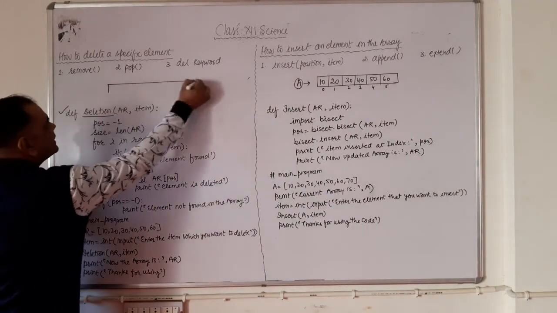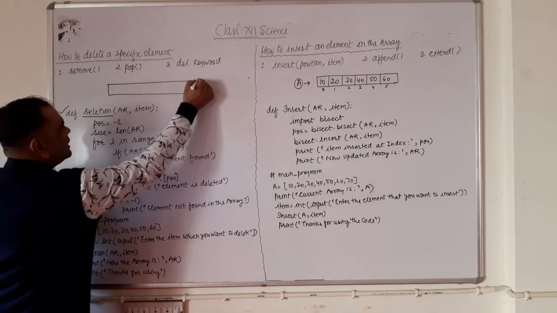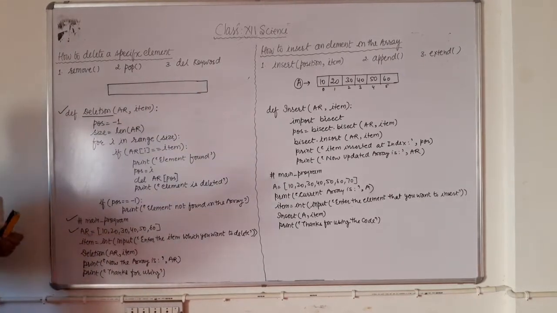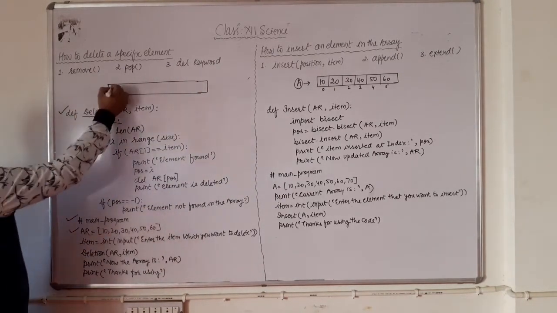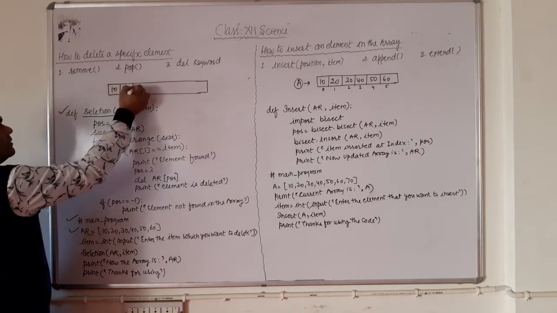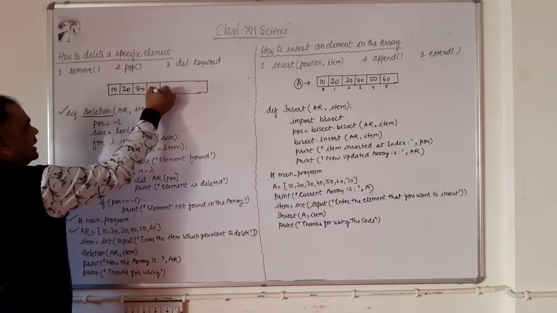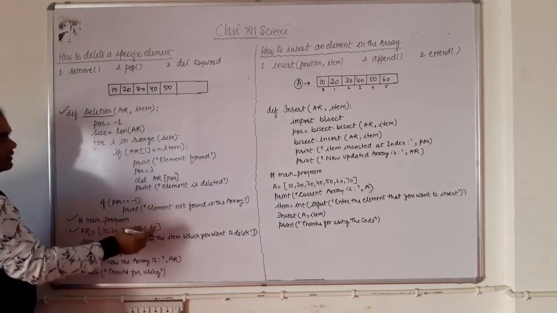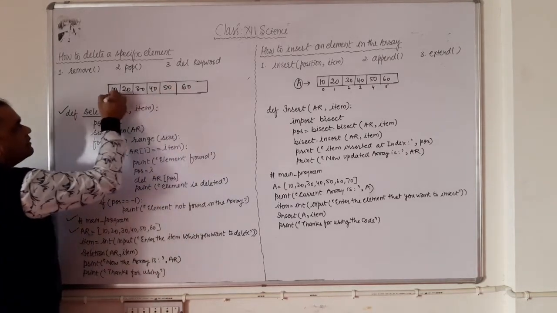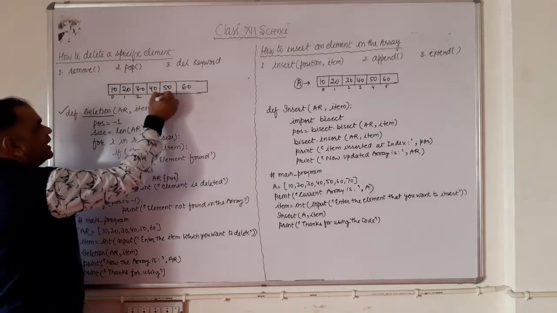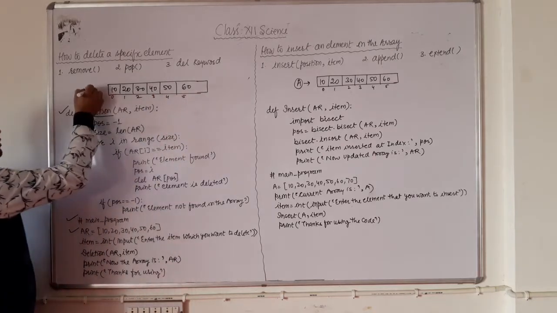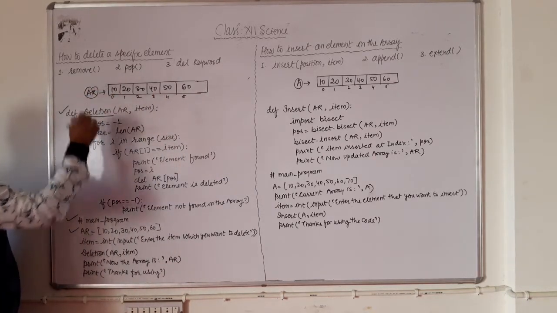Here the array is created with these values. Yes, you can take these values from the user also by using a for loop, right? 10, 20, 30, then 40, 50, and the last one 60. These are the values of this array, and this is the position of each and every element inside the array.